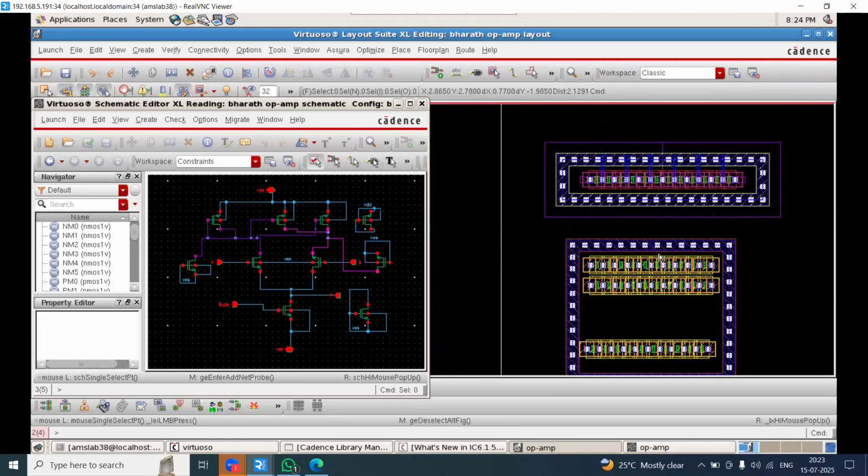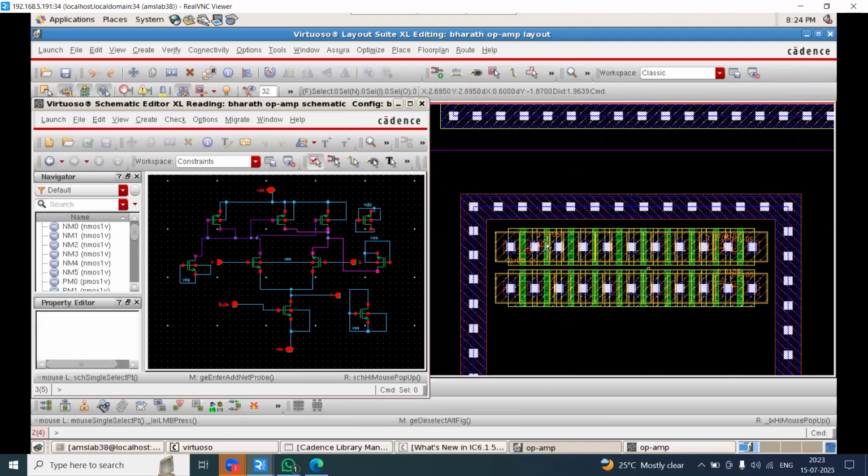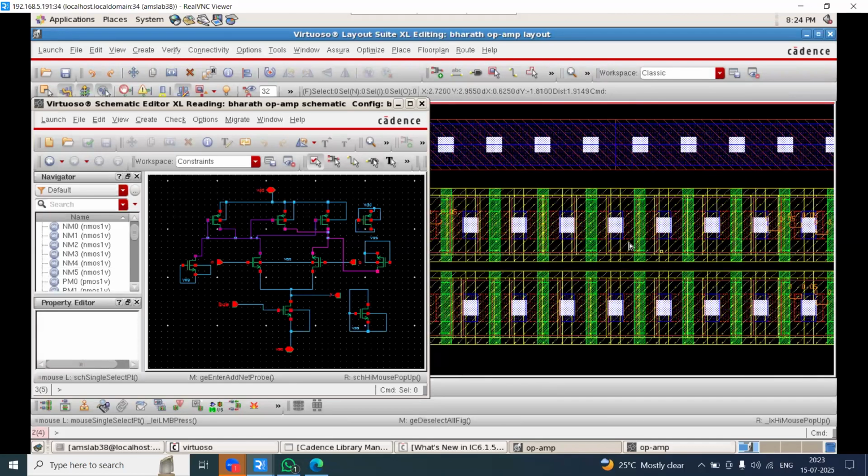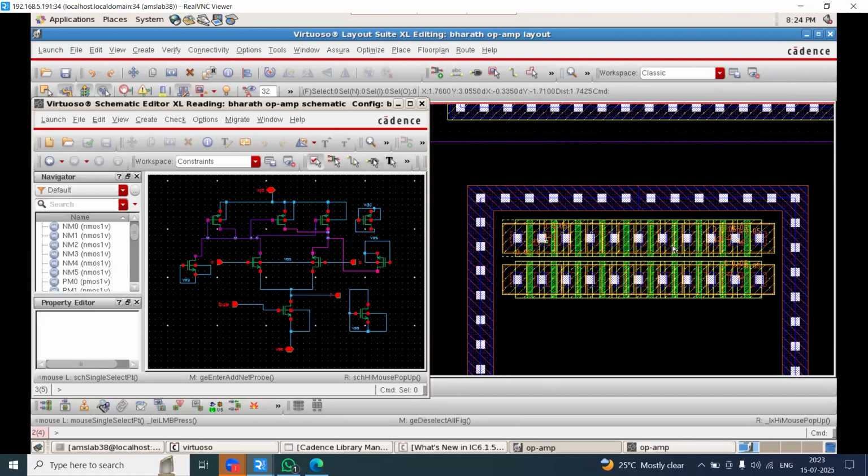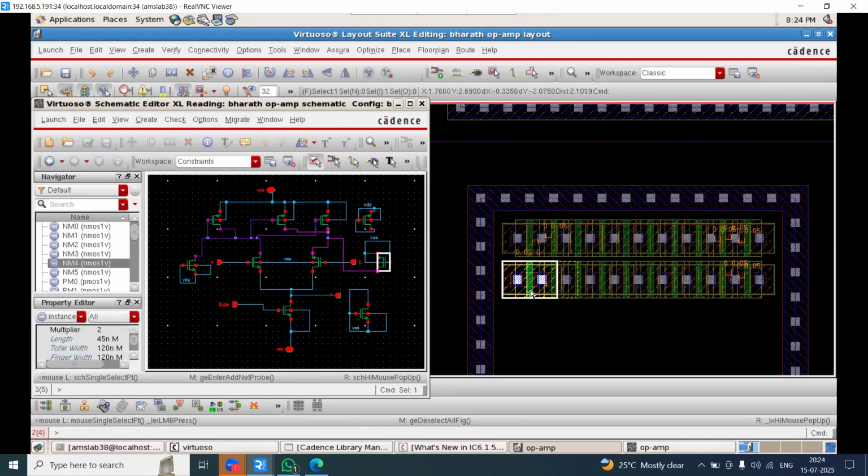The pattern of the devices is like dummy, A, BB, AA, BB, A, and on the downside it will start with B, dummy device, then B, AA, then BB, then AA, then B. Like that the pattern is.